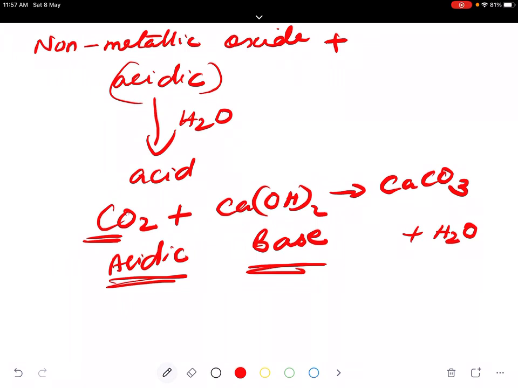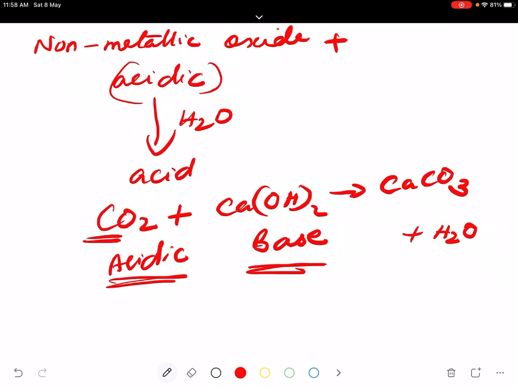Calcium carbonate, salt and water. This reaction you have already seen. Calcium hydroxide, which is a base, reacts with the carbon dioxide to produce salt and water.